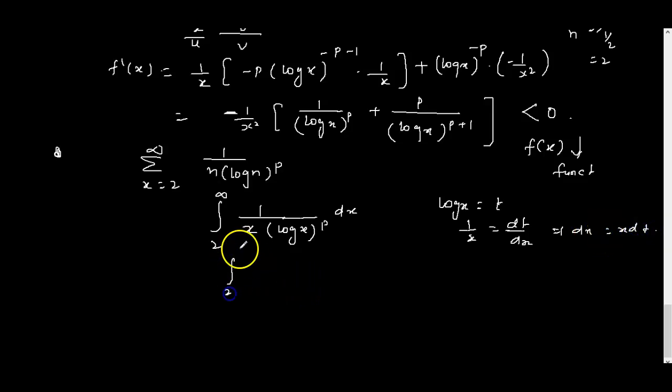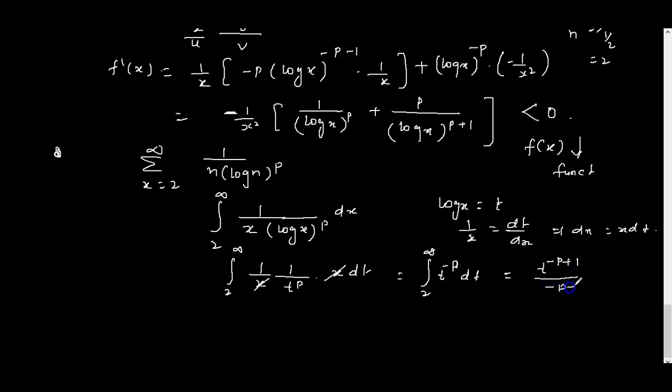So I will write it here from 2 to infinity: 1 by x as it is, 1 by t to the power of p, and dx is equal to x into dt. This x cancels, so this will be the integral from 2 to infinity of t to the power of minus p dt. So that is t to the power of minus p plus 1 by minus p plus 1, from 2 to infinity.